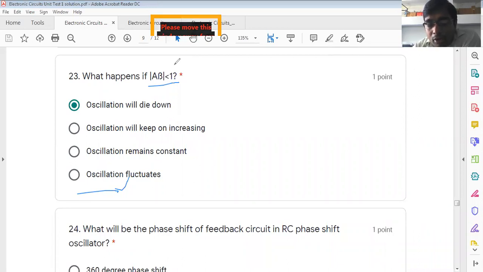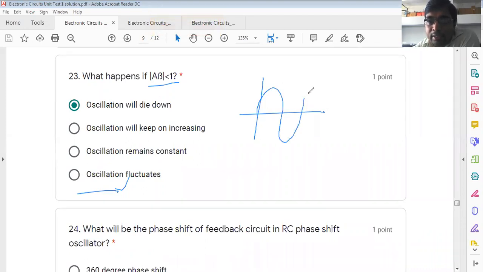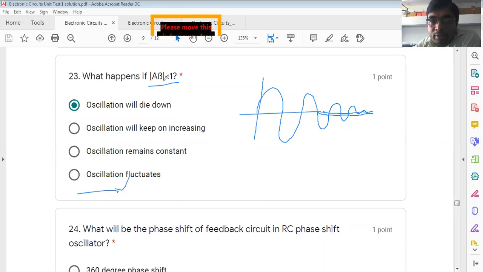Second, when mod of A beta is less than 1, your signal dies down. That means if at the initial state your amplitude is large, it slowly decreases and decreases, and at one moment it completely dies down, completely vanishes. So this is the condition when mod of A beta is less than 1. So the first option is correct.